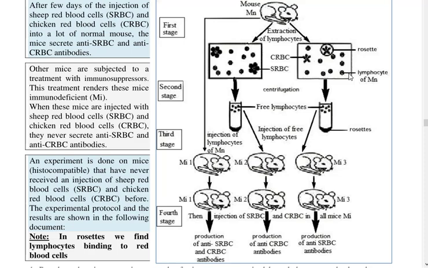Then injection of SRBC, CRBC in all mice. Production of anti-SRBC and anti-CRBC antibodies. أما بالتو عطيناه بس production of anti-CRBC وهونيك production of anti-SRBC.